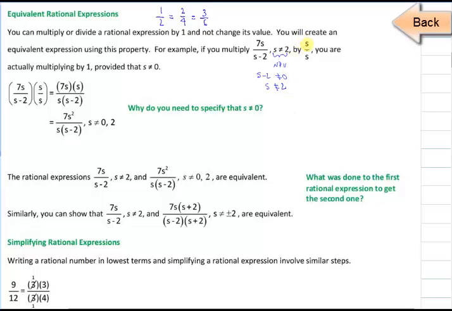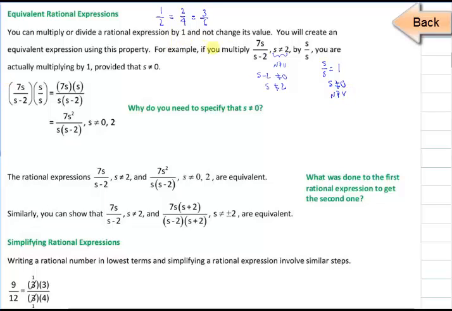Okay, we're going to multiply by s over s, which we know is equal to 1. Okay, so when we multiply anything by 1, we don't change its value. And we also know that in order for s over s to be a defined expression, s cannot be equal to 0. Okay, so this is also a non-permissible value.